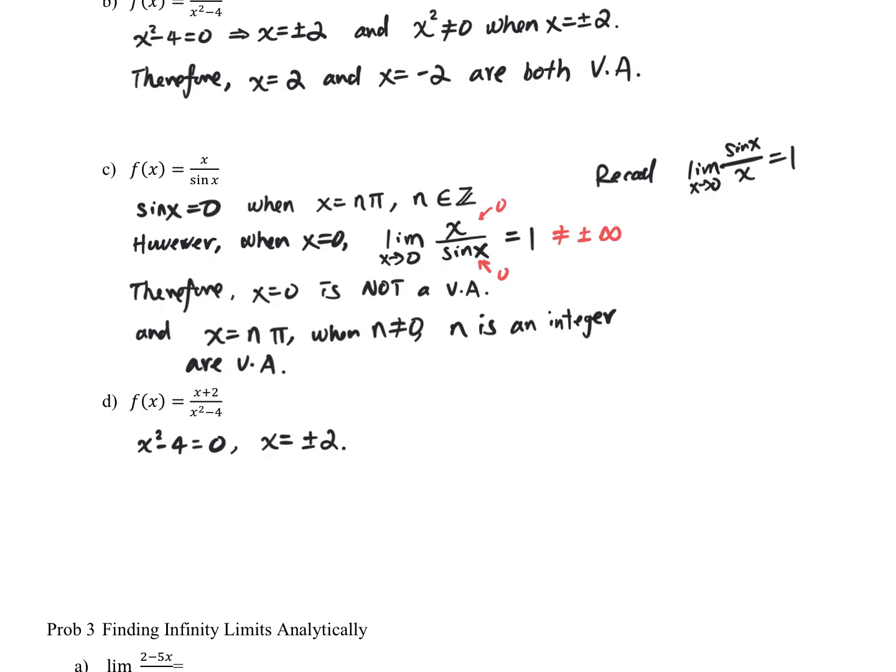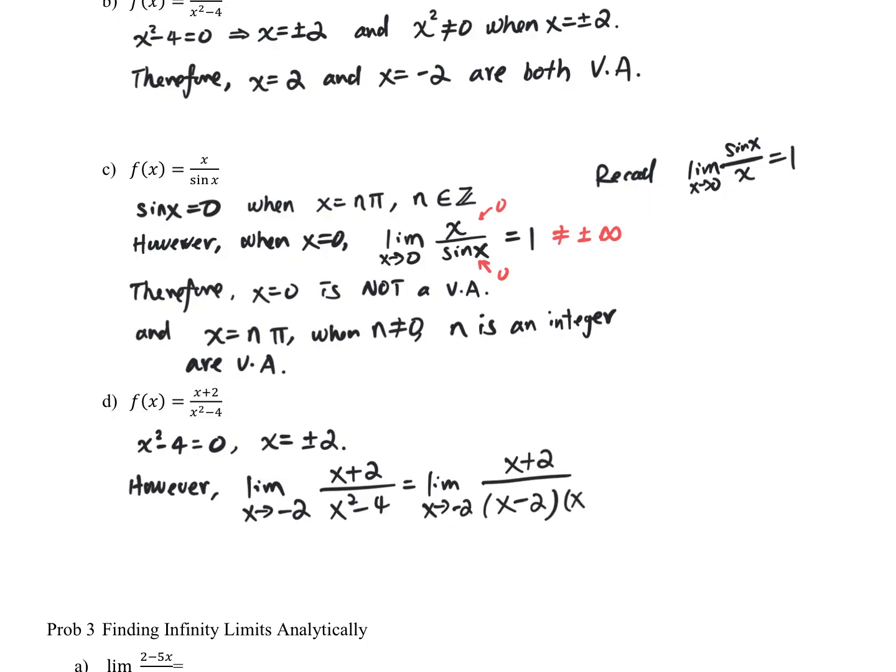And actually, however, in this case, if you look at the limits when x is approaching negative 2 of this function, we did this kind of problem earlier. When we cannot do the direct substitution, we have to first factor the denominator, right? And we can see that these two cancel, and after we cancel, we can do the substitution.